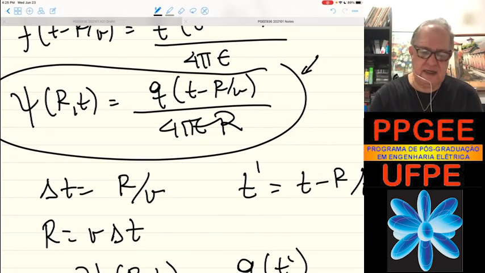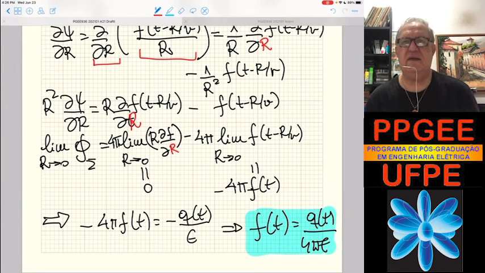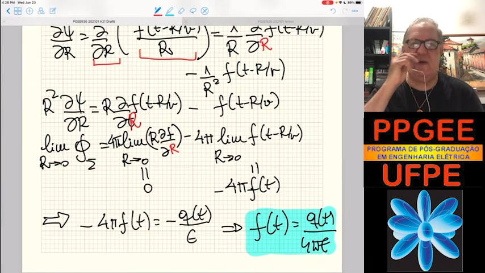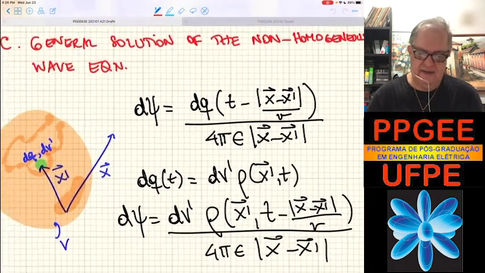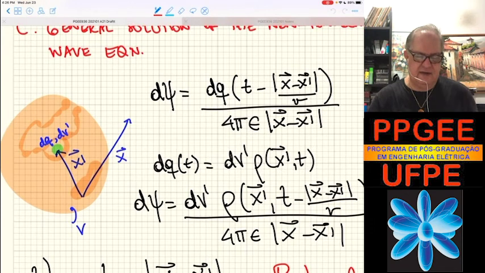So what's the general solution for the non-homogeneous wave equation, both for psi and A? Well, we just break the source now into volume elements. Each volume contributes with a potential, which is the traditional one, right? Calculated at the retarded time.